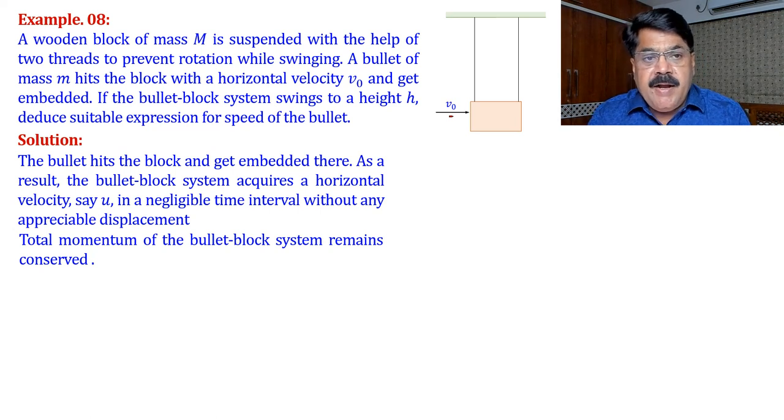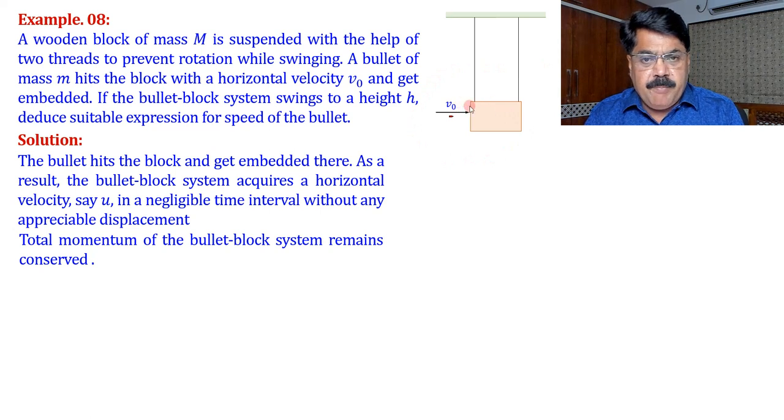Because of that, the thread will be tilted by a negligible angle. So whatever tensile forces the thread has will have a negligible component in the horizontal direction. These negligible components of tension in a negligible time interval provide almost zero impulse. So we can say the momentum of the system remains conserved.